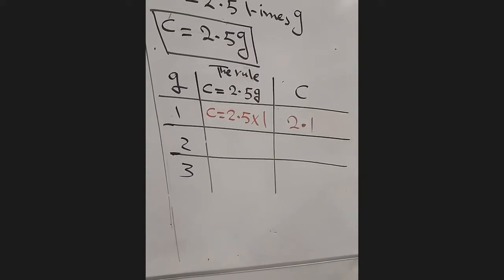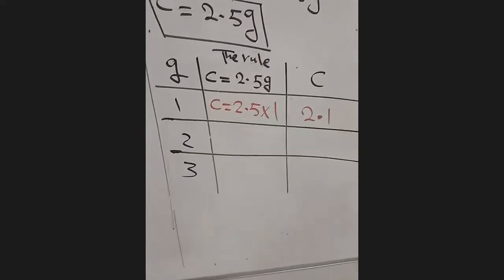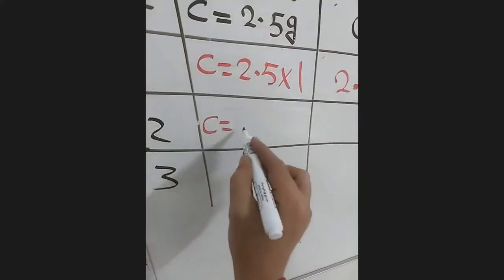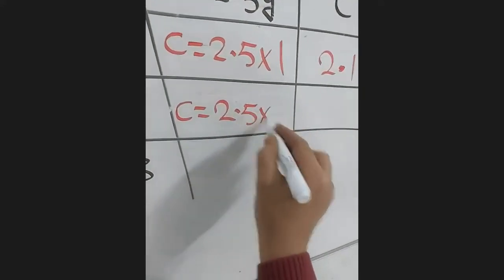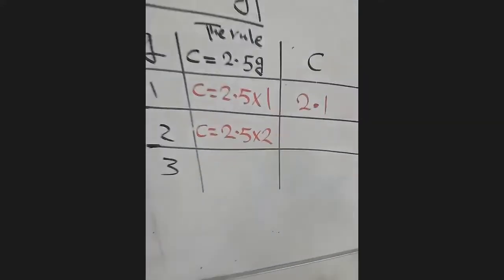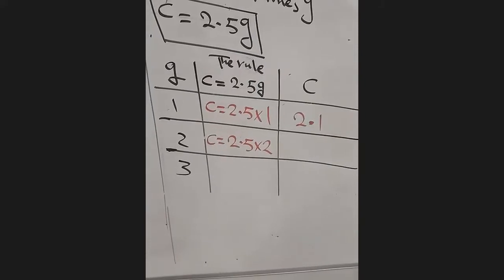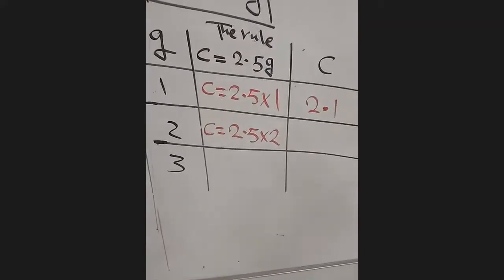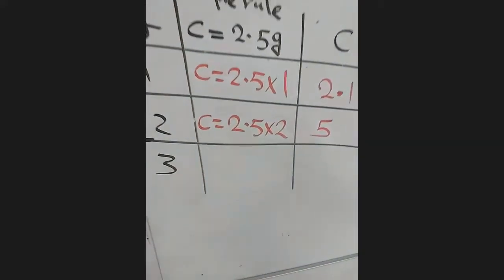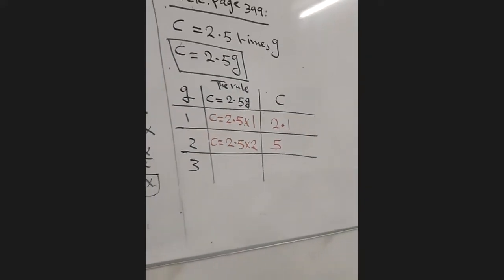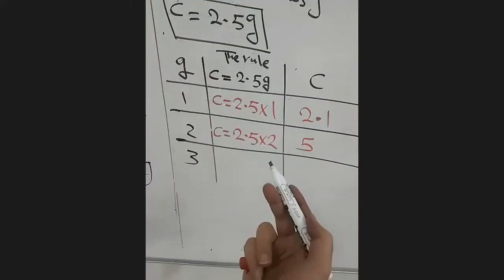C equal 2.5 by 2. 2.5 multiply 2. What's the answer? 5. Do you understand it? Yes, I understand.